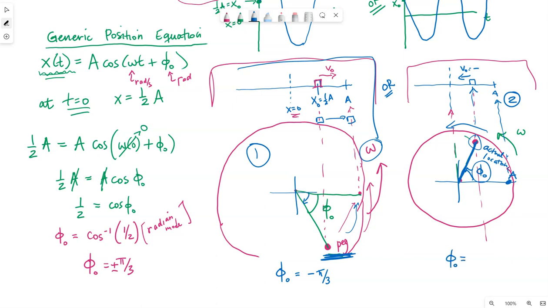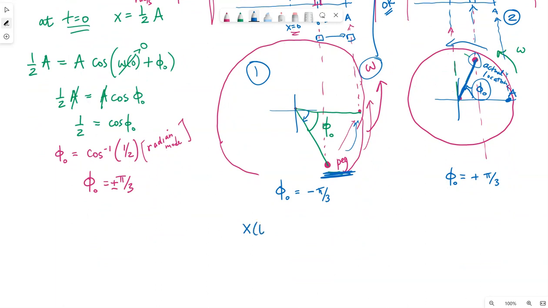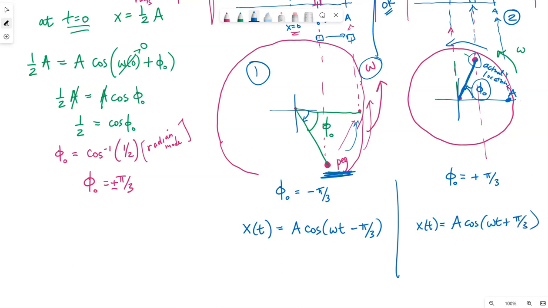And so this phase shift would be positive pi thirds. And so when we write out our equations of motion, we would put in our negative pi thirds here. In this case, we would put in our positive pi thirds. And that accounts for which direction the mass is headed in at that moment.